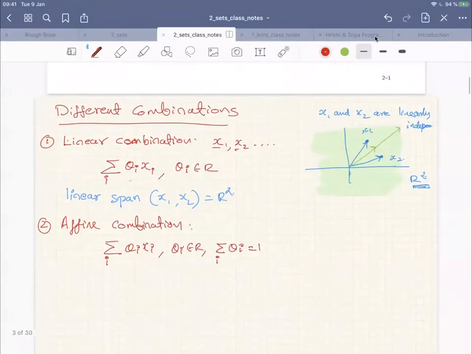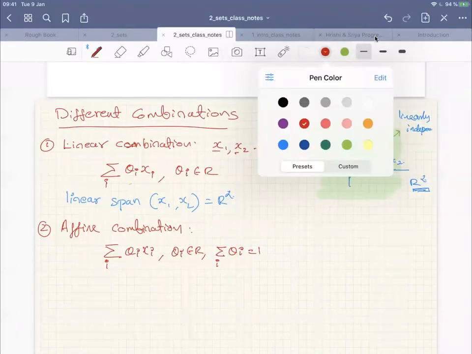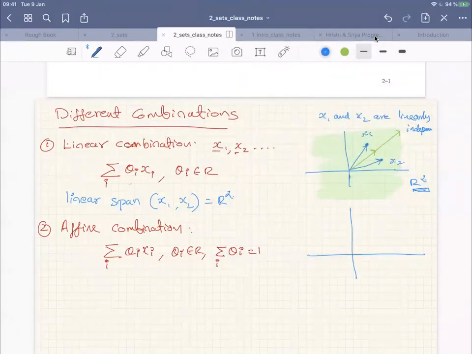So now again we will see what is happening here. Let's take two vectors, x1 and x2. They are linearly independent, and if I take theta 1 equal to 0.5, then theta 2 equals 0.5. If you add these two with these values of theta, you will get this point.